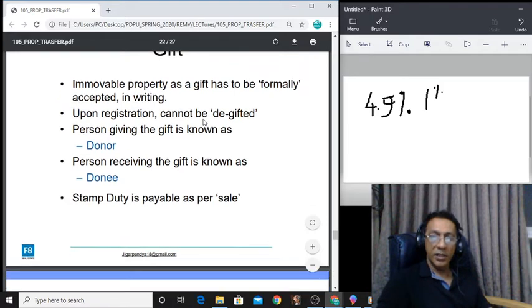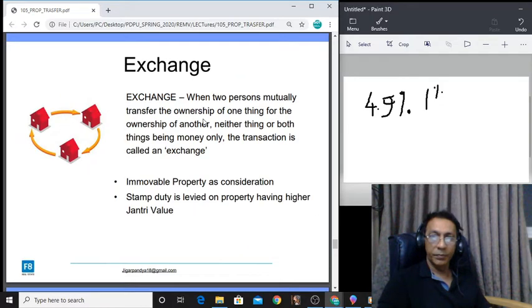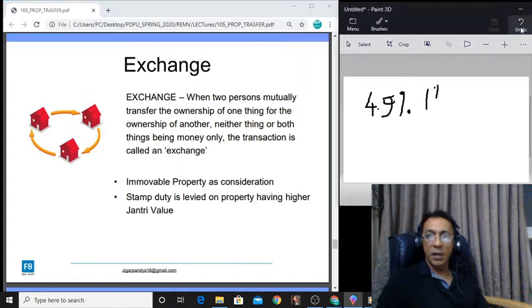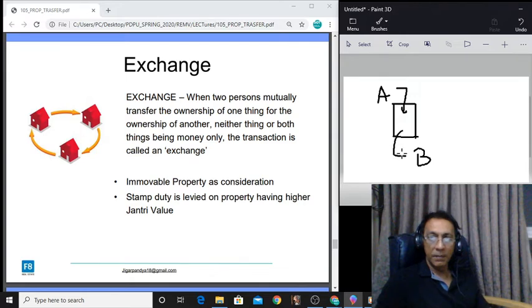Let's look at exchange. What is an exchange? This is the final kind of transfer I will talk about. Before I talk about exchange, it is important to mention that whenever a real estate property or an immovable property is transferred from party A to B, let's say that A owns this property and A is selling it to B. So B is receiving this property.